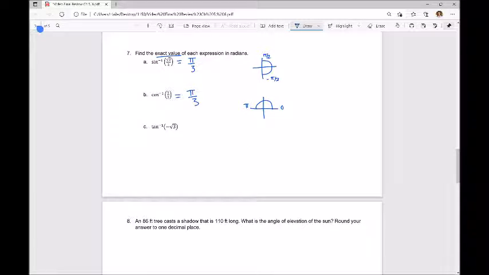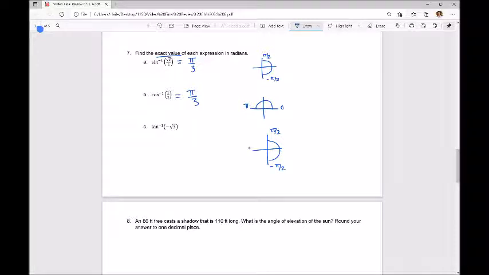Okay, and then our last example for this is tangent inverse of negative square root of 3. Tangent inverse behaves a bit like sine. We want answers from the right side, between negative pi over 2 and pi over 2. We need an angle with a negative tangent, so it must be in quadrant 4. So we need the angle in quadrant 4 with a tangent of negative root 3. Well, if the tangent is negative root 3, we know that the sine must be root 3 over 2.